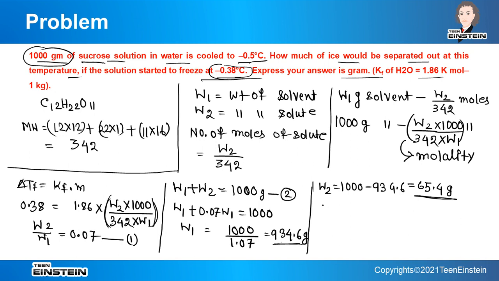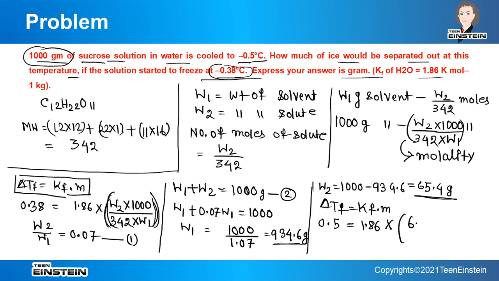So now we will use this equation again, but in place of W1 we will not write the value of W1, because we need the value of W1. So del TF equal to Kf into m. In place of del TF now we will write 0.5, and in place of Kf it is 1.86 just as before. And now this expression we will write again, but we will write 65.4 multiplied by 1000.